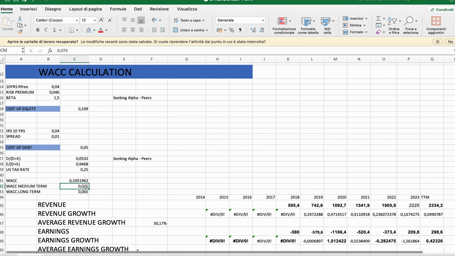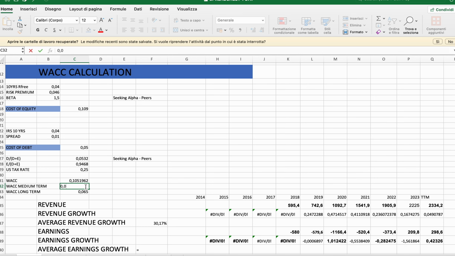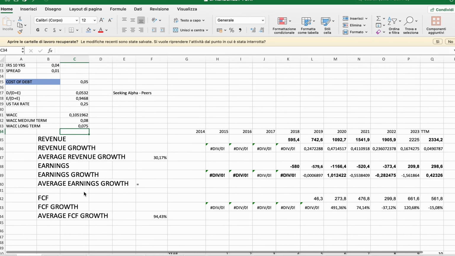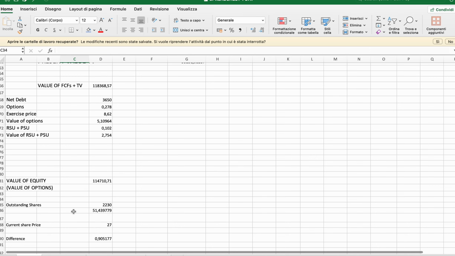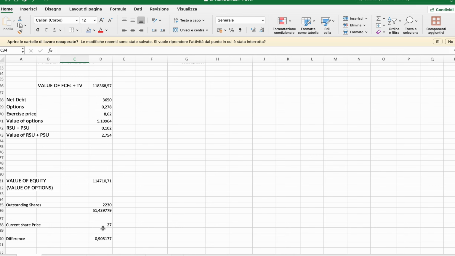So we can make it, for example, a little bit higher. Let's make it 8, and then let's make it like 7.5. In this case, the stock would still be worth almost twice as much as it is today.